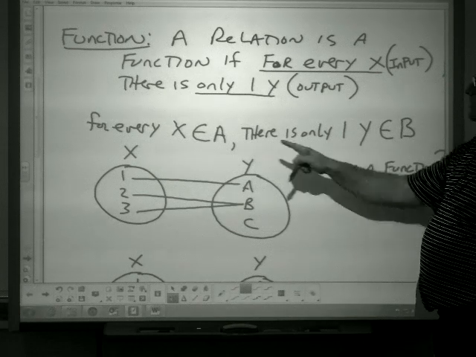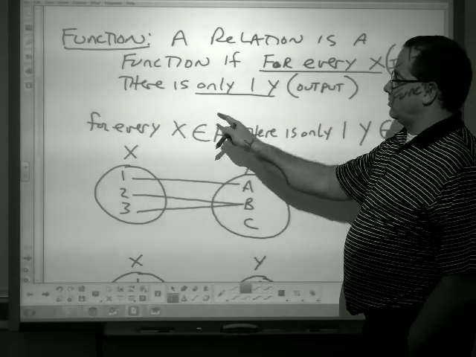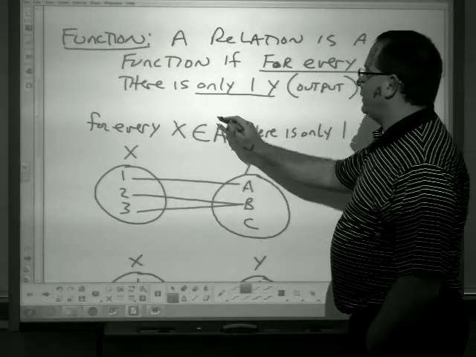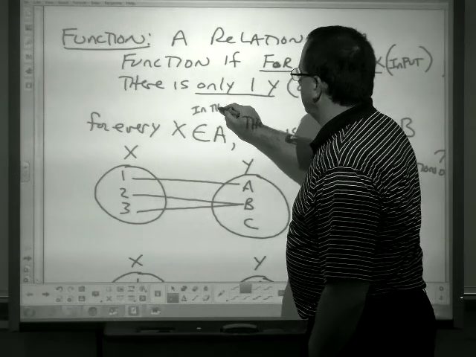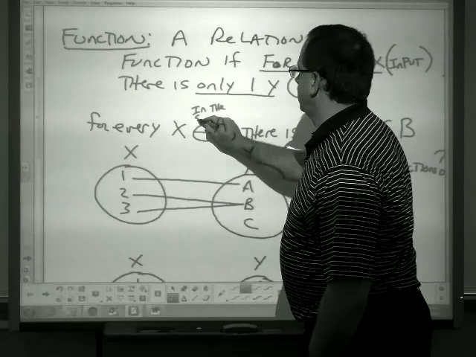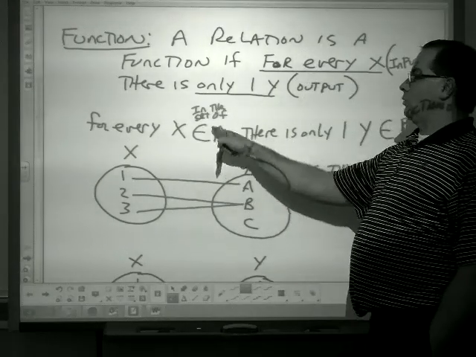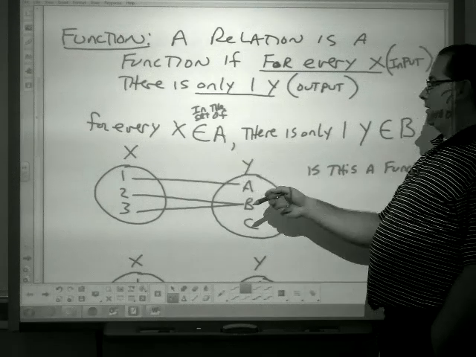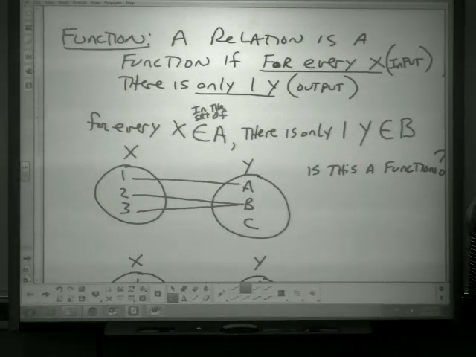So sometimes you might see symbols look like this. For every x, and that's like a sideways little curvy e. For every x in the set of A is kind of what that means. For every x in A, there's only one y in this set of B. Okay?